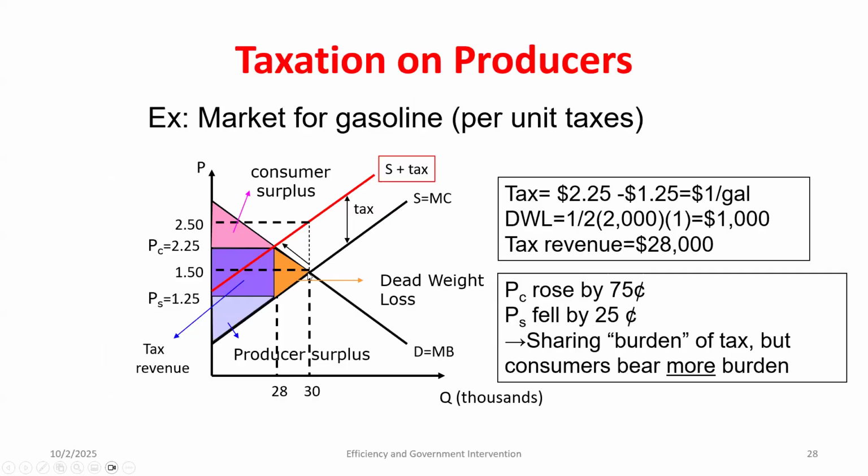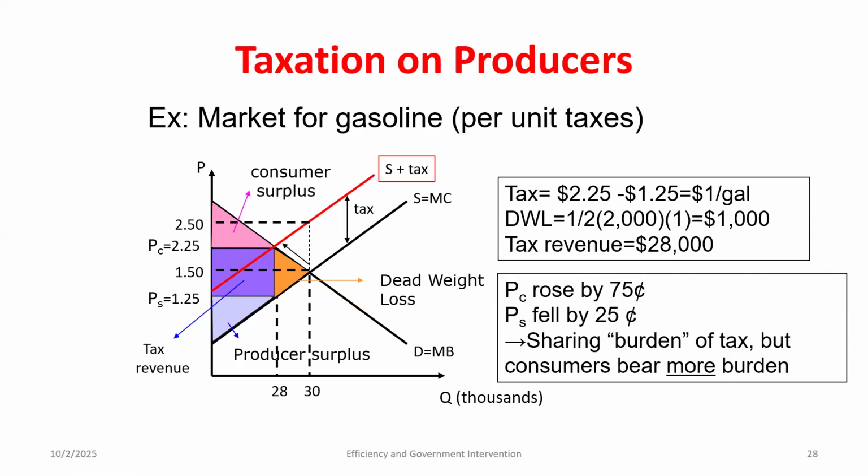It raised the price from the old equilibrium of $1.50 to the new price consumers pay, which will be what? $2.25. So what's that difference between the price consumers pay and the old equilibrium price? 75 cents. If I then go down to my supply curve to figure out, okay, consumers paid $2.25, but if the value of the tax was $1, the same dollar tax that we had before, what does the seller get to keep?